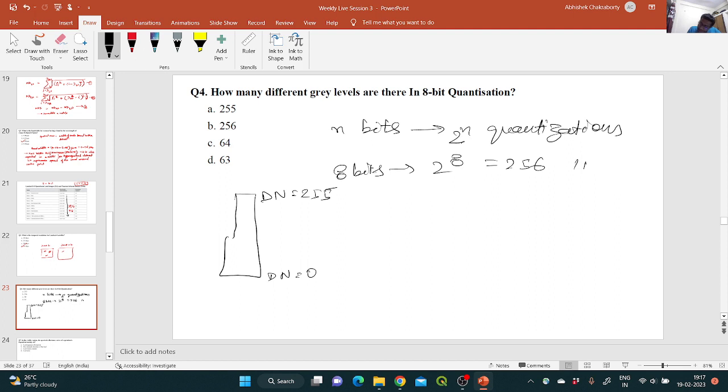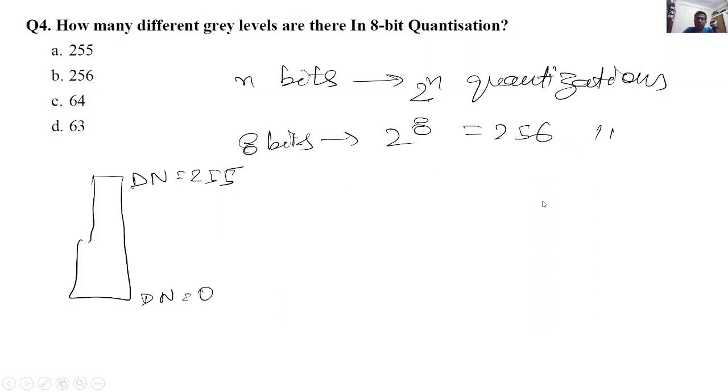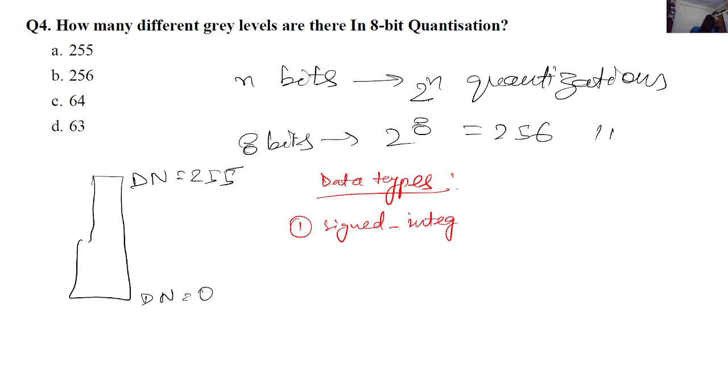Anyways, now I also wanted to give you a brief about the data types through which we store these quantizations on computers. So the first data type may be signed 8-bit integer, or it is actually written as signed int 8 in data type format.